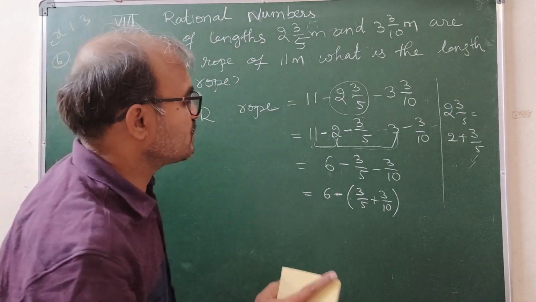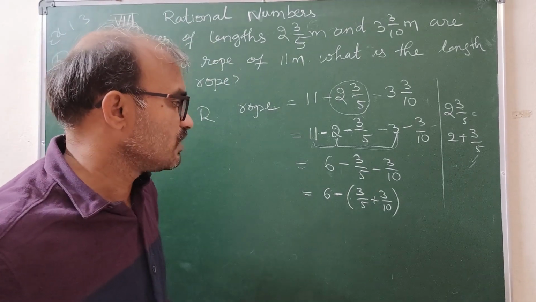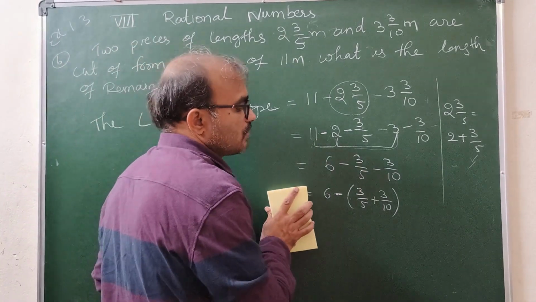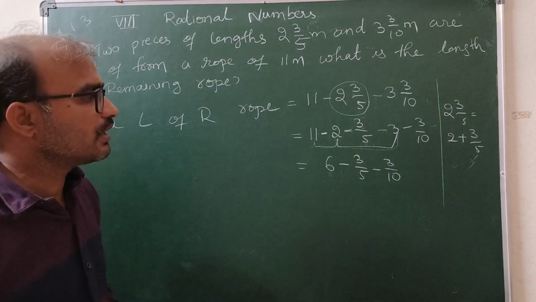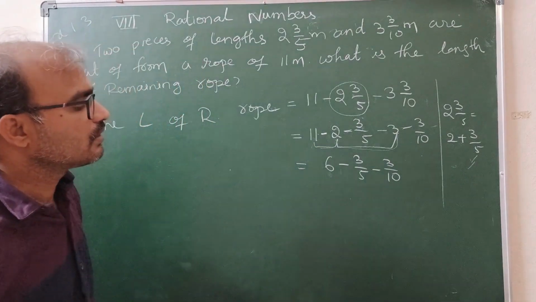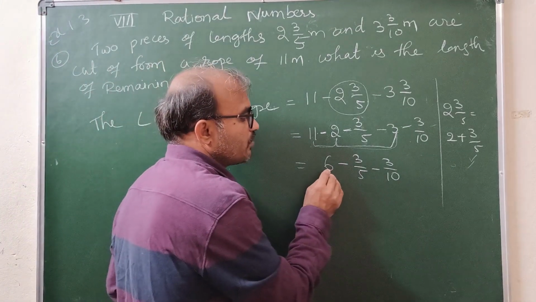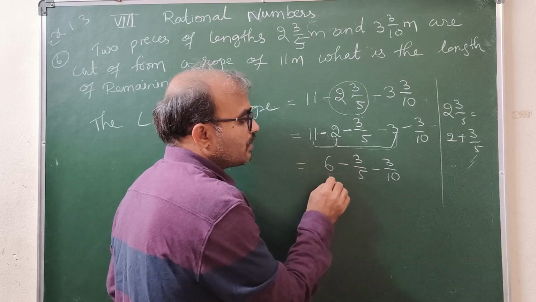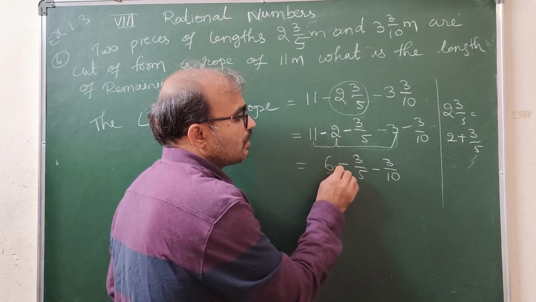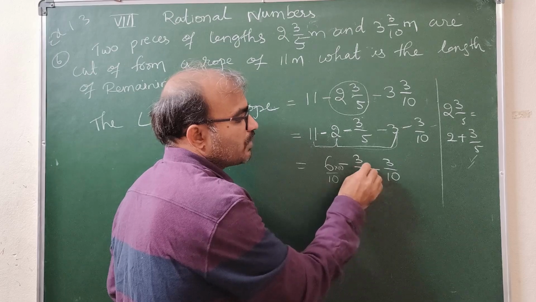How to simplify this in an easier way? One of the ways is to get the denominator 10 here. To get the denominator 10 here, 5 into 2 is 10, so multiply here by 2.